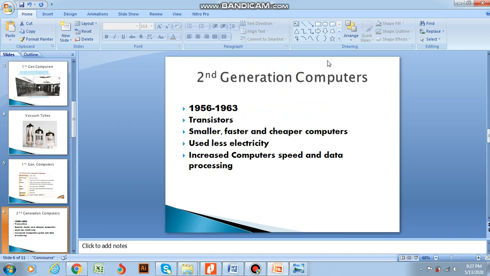The first generation computers had the technology vacuum tubes, and the second generation computers have the technology transistors. The transistors increased the reliability of the computers. The size of the computers reduced significantly. They use less electricity, while the computer's speed and data processing capabilities also increased.